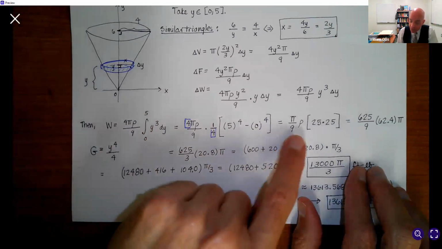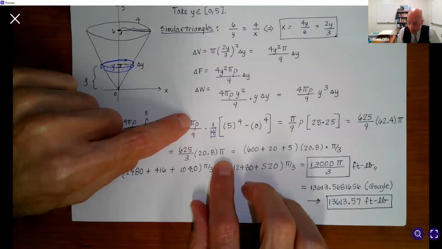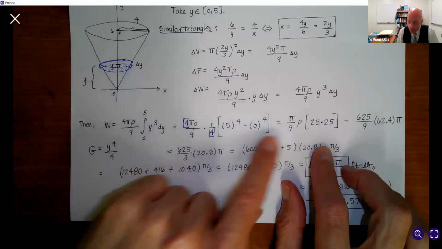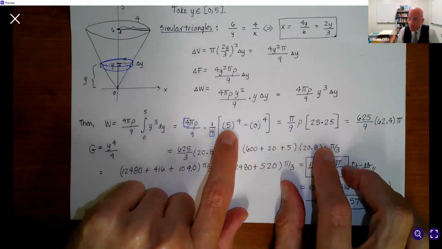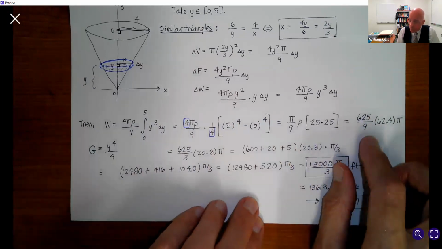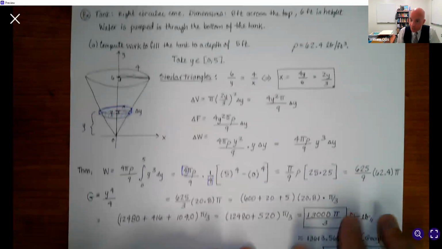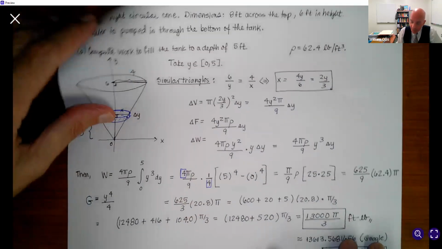The only thing that survives: we've got the rho, we've got the pi and the 9, which we have here. And then we have 5 to the 4th, which is 25 times 25. So at this point, we have 625 divided by 9, we have rho, which is 62.4 pounds per cubic foot, times pi.